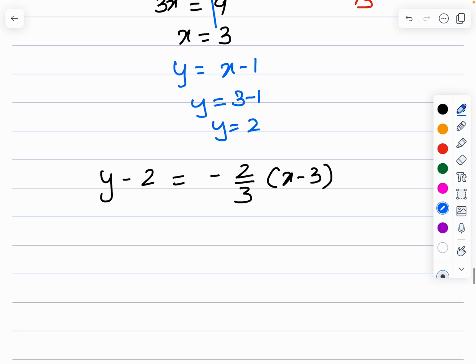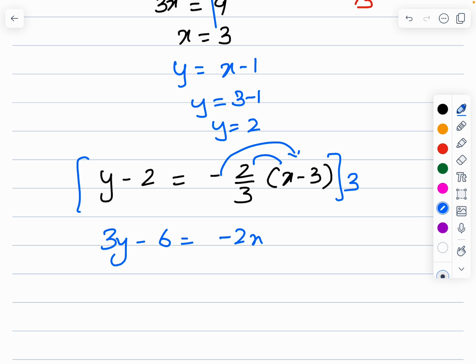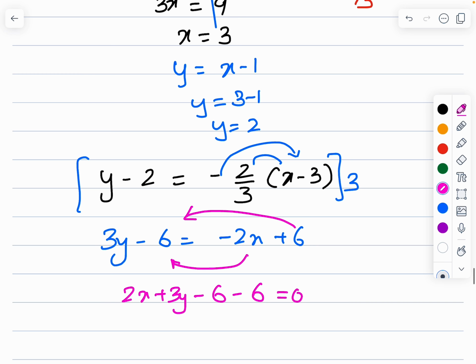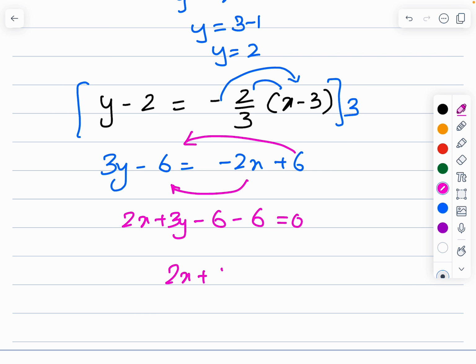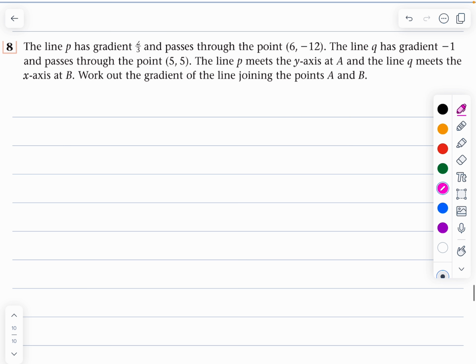Now multiply by 3 on both sides. 3y minus 6 equals minus 2 times x is minus 2x, minus 2 times minus 3 is plus 6. Then bring my negative 2x this side, plus 6 to the other side. So 2x plus 3y minus 6 equals 0. 2x plus 3y minus 12 equals 0.